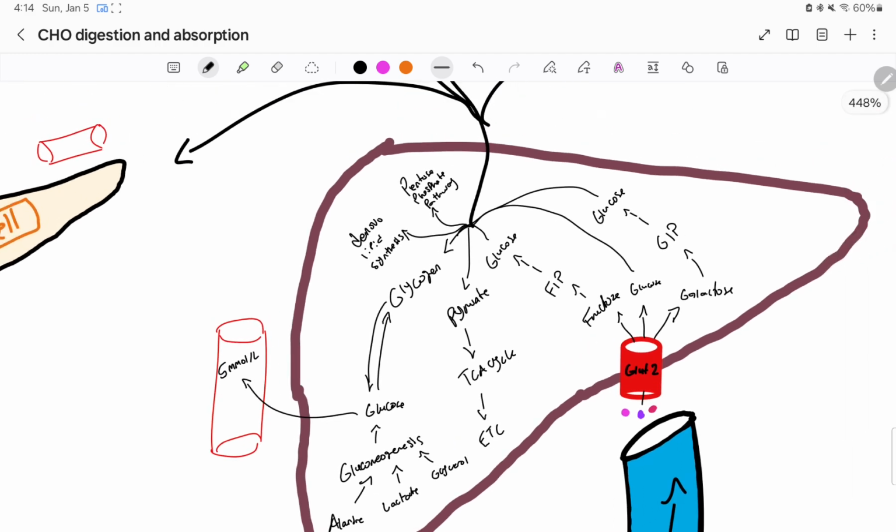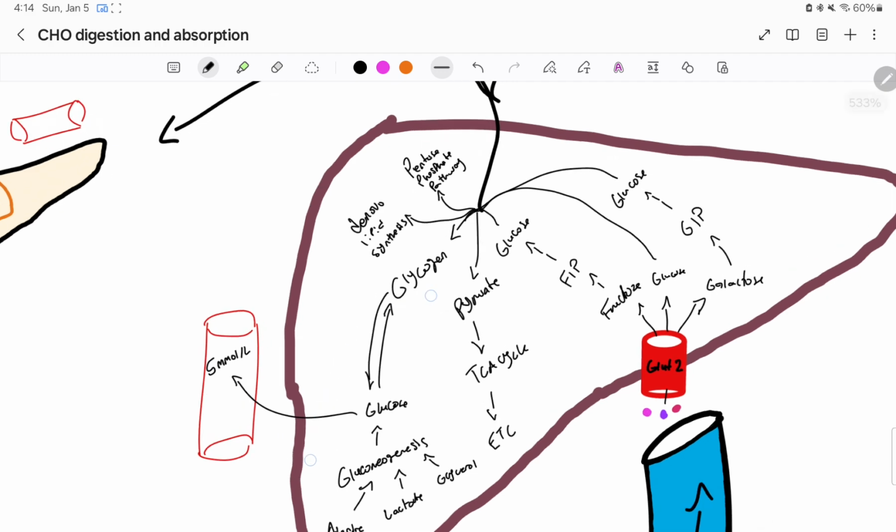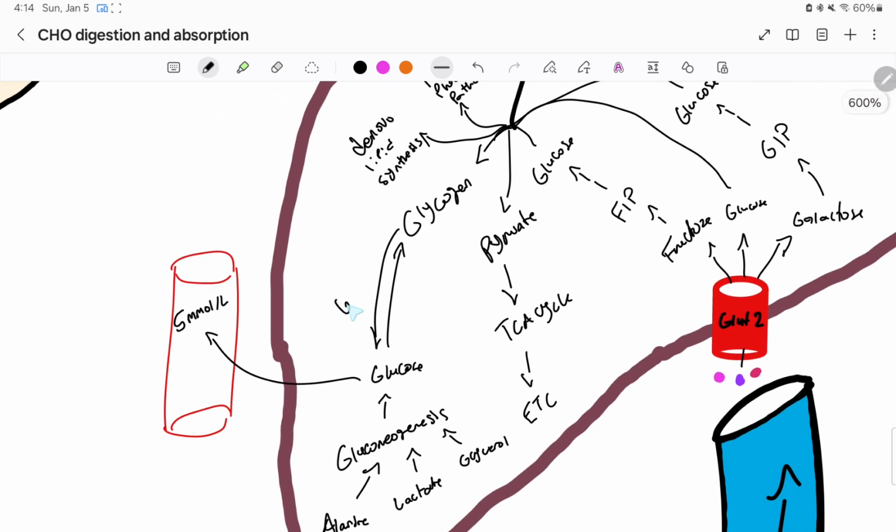So what does this mean? This means that the dietary glucose is not being turned into glycogen in the liver a lot. In fact, the glucose that's coming from gluconeogenesis is being turned a lot into glycogen, and if needed, it will be broken down through a process called glycogenolysis into glucose and then put out into the blood.